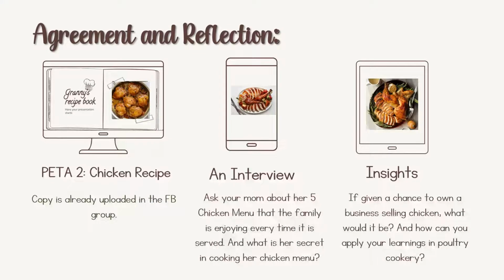For your insights, if given a chance to own a business selling chicken, what would it be? And how can you apply your learnings in poultry cookery? Kindly upload it also through our FB group through the comment section.